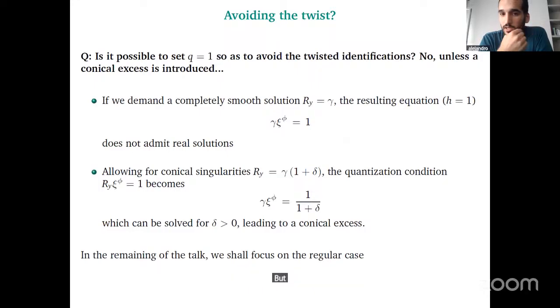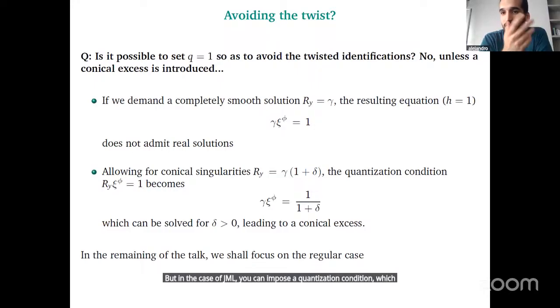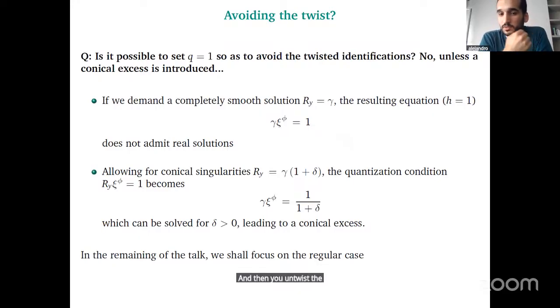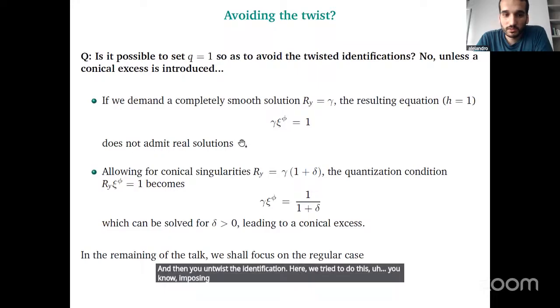But in the case of Heidmann, you can impose a quantization condition, which essentially, if I translate it to Euclidean Kerr, would be that beta times omega is some integer, and then you untwist the identification. Here we try to do this, imposing this condition, but unfortunately, that doesn't work. So it's a matter of luck.